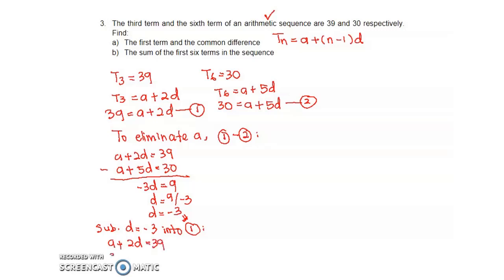So A plus 2 times negative 3 equals 39. So A equals 39, minus 2 times negative 3, which is negative 6. Negative 6, you bring to the other side and it becomes positive 6. So A equals 45.